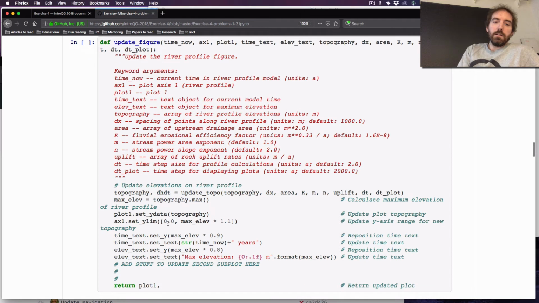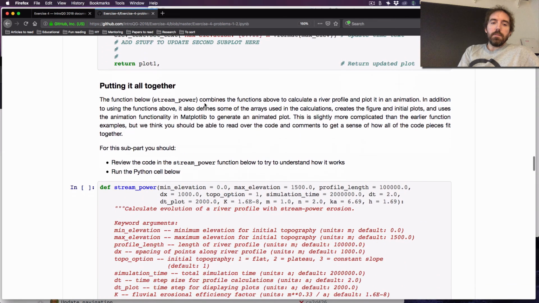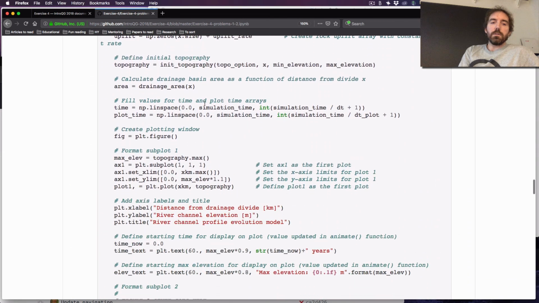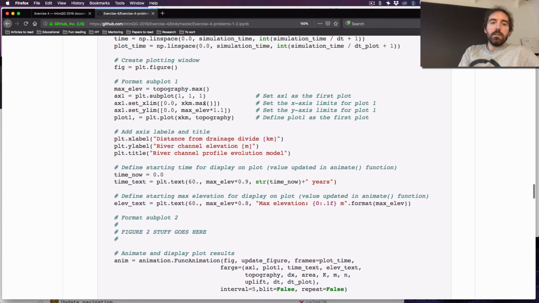And the other thing is that certainly don't hesitate to ask questions if you have questions about what the code's supposed to do, how some of the functions are set up, or why some things happen the way they do. I'm not convinced that breaking this into functions was a good idea.